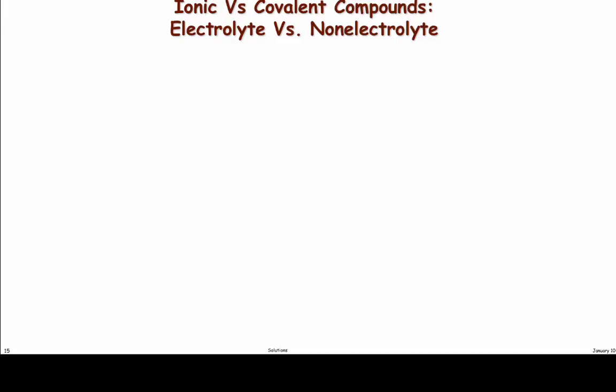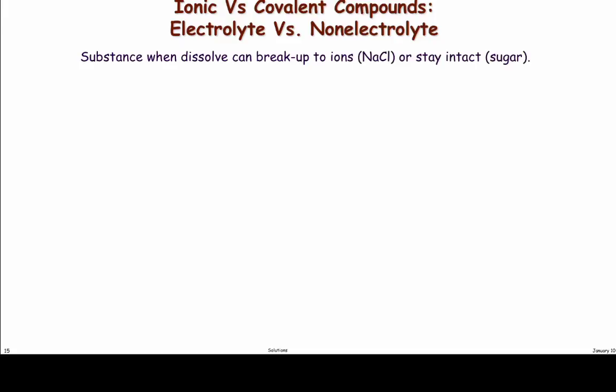So, what is the difference between ionic versus covalent compounds? Well, ionic substances are what we call electrolytes because they can break into their ions. Covalent compounds don't have metals, and so they don't break into ions, they stay intact, and because they don't break into ions, they're called non-electrolytes. Substances that, when dissolved, break into ions like sodium chloride are electrolytes. When they stay intact like sugar, they're called non-electrolytes.